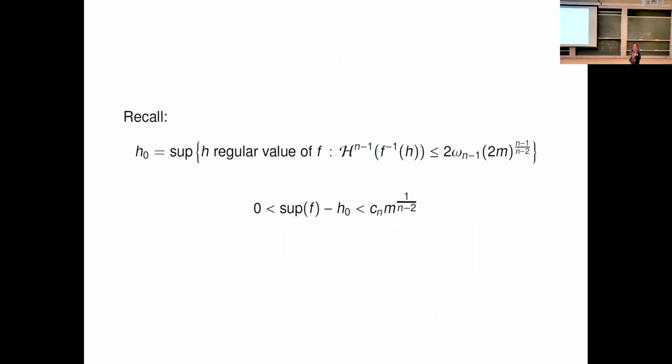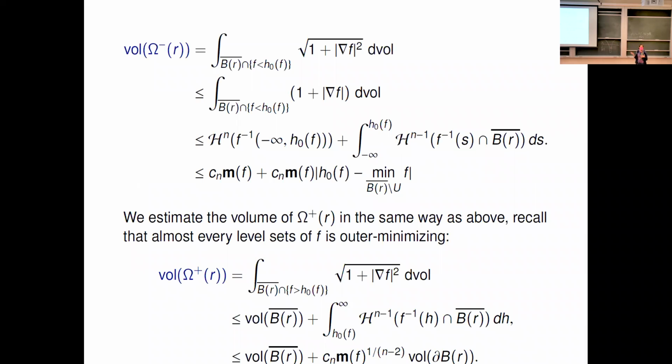And for the volume convergence, we have to remember what I told you, that the picture looks like this: here the height is bounded, and here the volume of the level sets is small with respect to the mass. Once you have that, again you use how your Riemannian tensor looks.